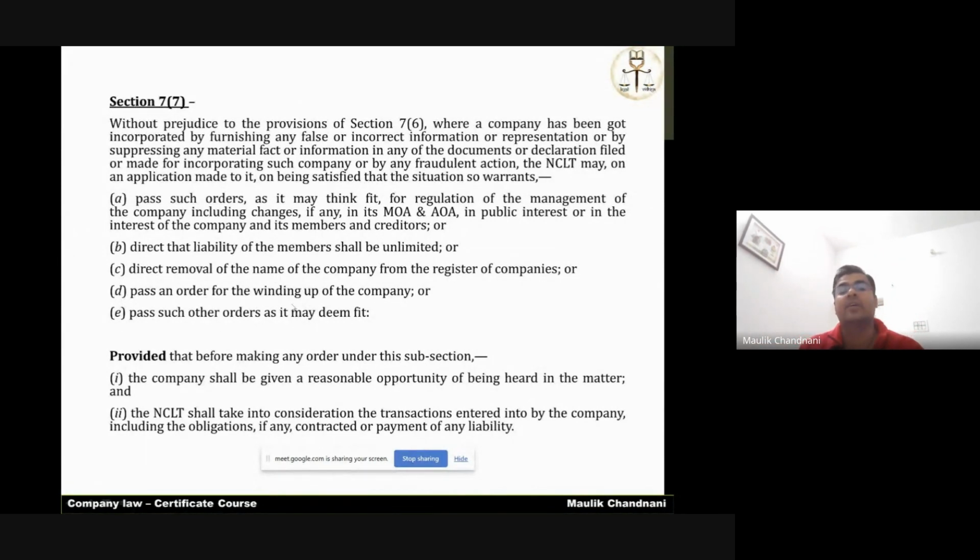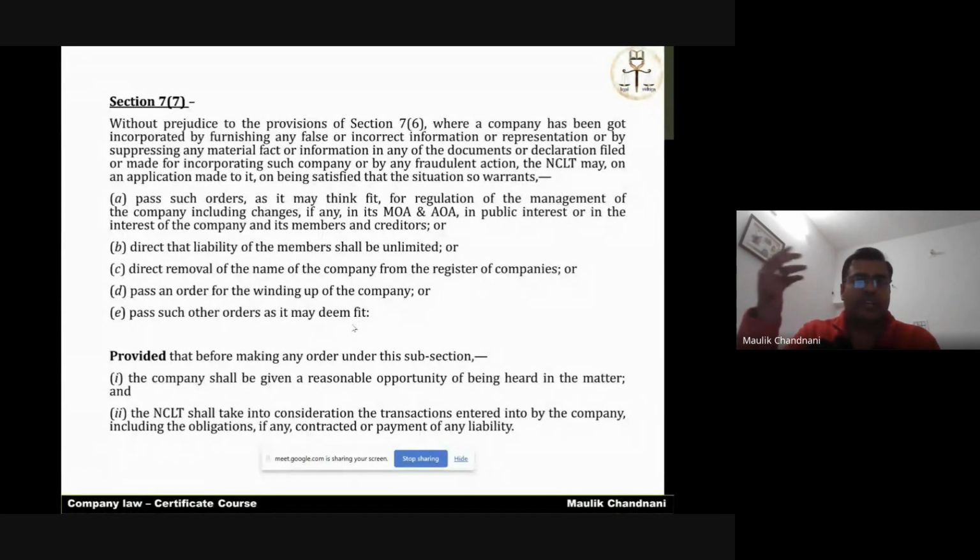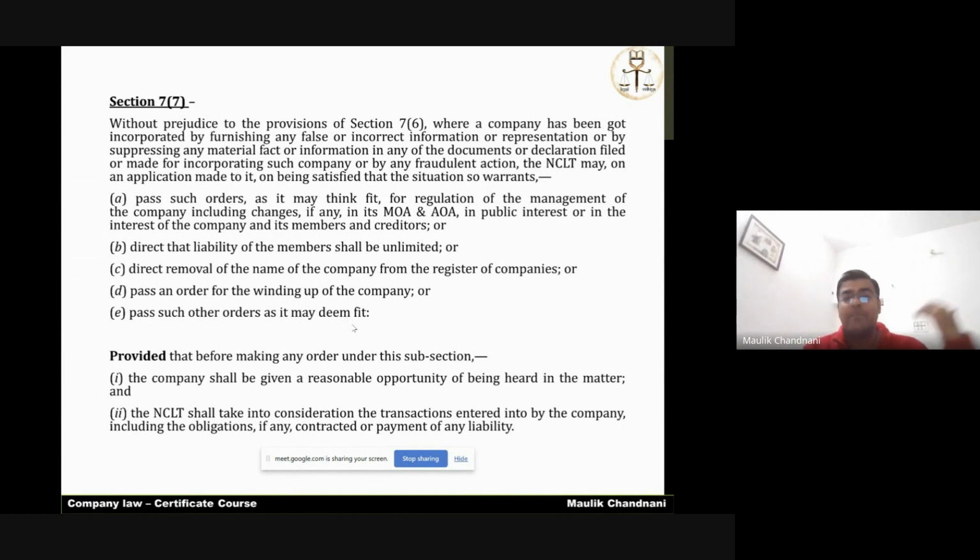Or any other orders as may be deemed fit. It includes imposing fines on the fraudulent directors and shareholders. It involves an imprisonment order or any such order. Compensation order, the NCLT can give any such order against the directors, promoters or shareholders of the fraudulent company.